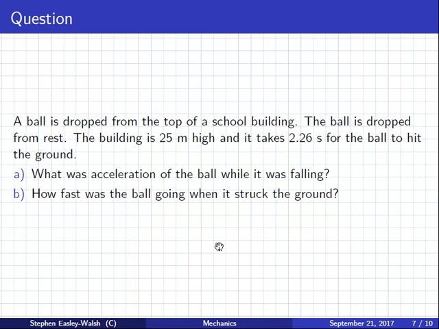Okay, here's another one for you to try. A ball is dropped from the top of a building. The building is 25 meters high and it takes 2.26 seconds for the ball to hit the ground. What was the acceleration of the ball?